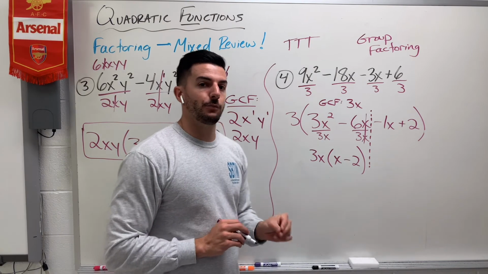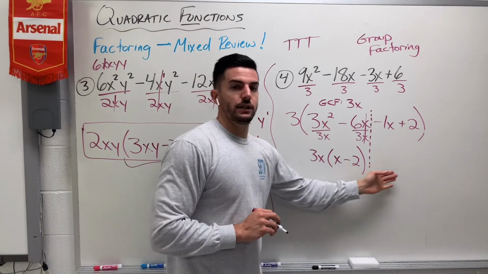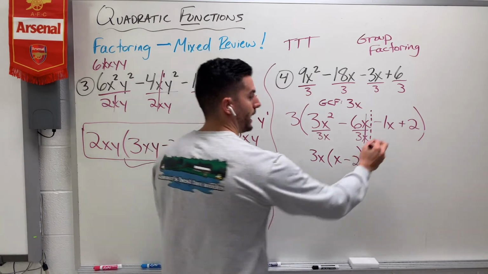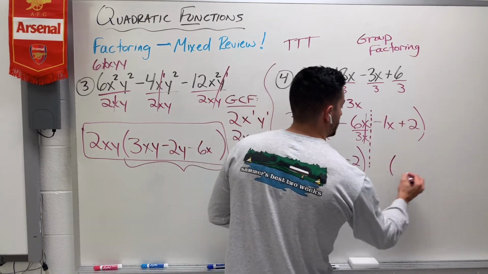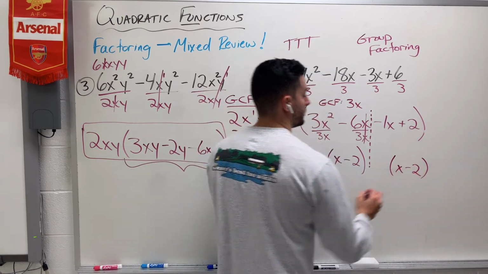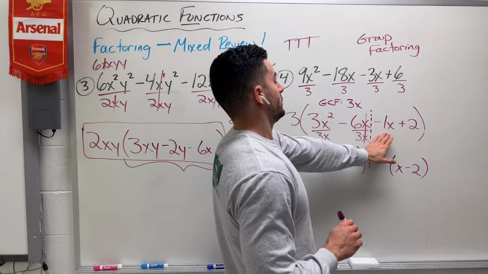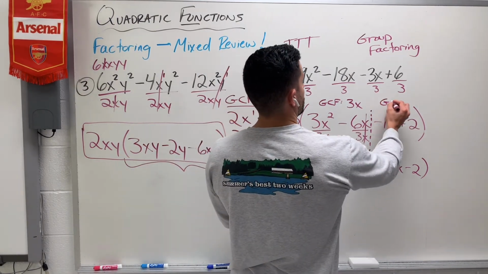And now this is the step where it's crucial. This is a really good check step, because when I do the same thing to this side, I want the groups to match each other. I want this group to also be x minus 2, because from there I can write my answer. So I look for a GCF out of these 2.